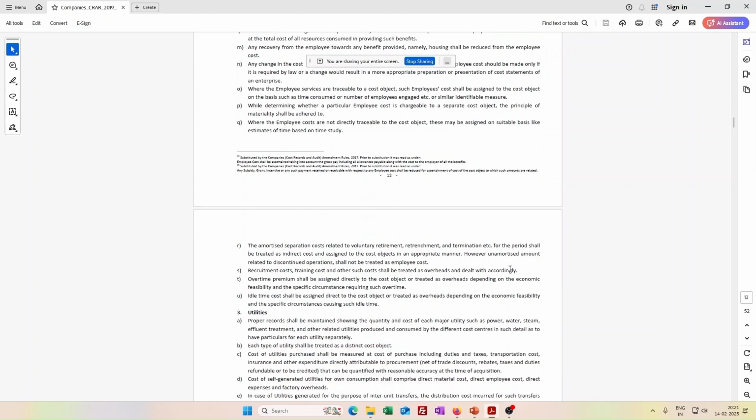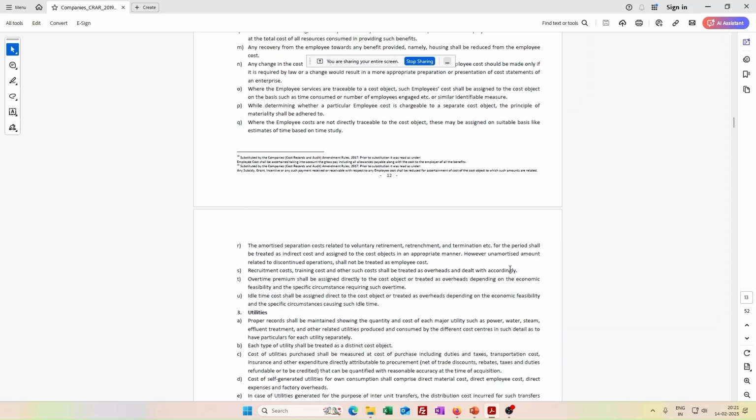Utilities. Utility means the items required for producing an item. As for example, in the boiler industries, for diesel operated boiler industries, it is a utility cost.